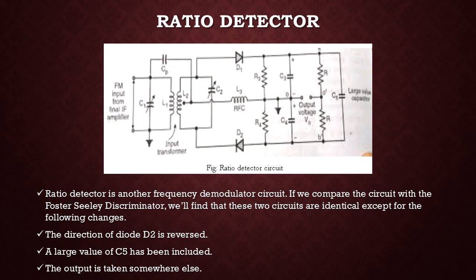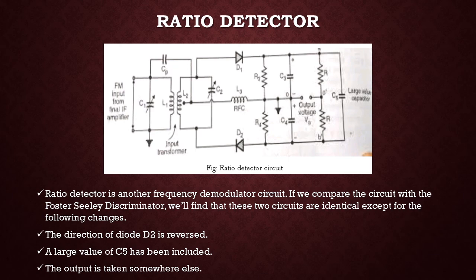It can be shown that the ratio detector output voltage is equal to half of the difference between the output voltages from the individual diodes D1 and D2. Hence, similar to the phase discriminator, the output voltage is proportional to the difference between the individual output voltages.